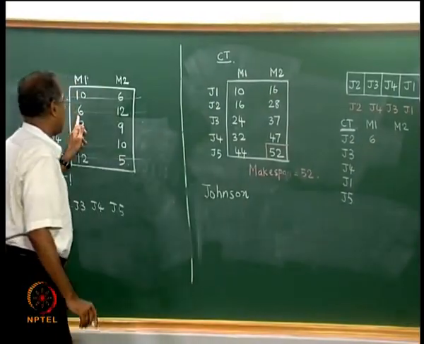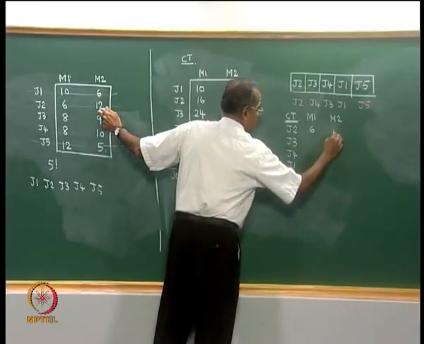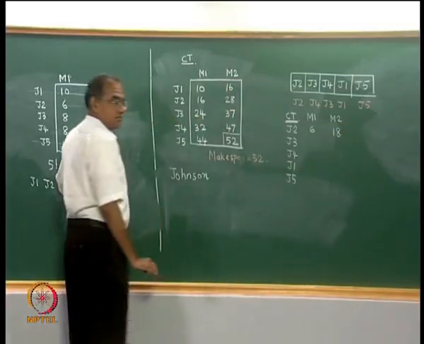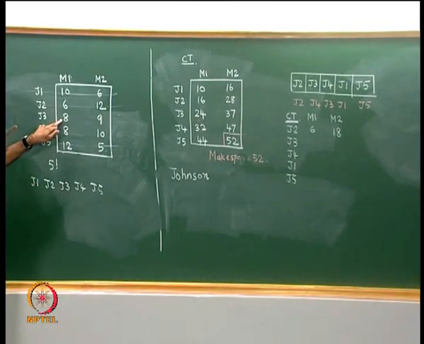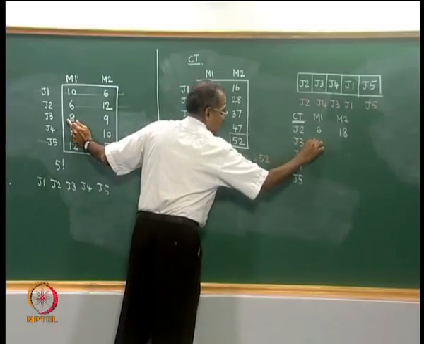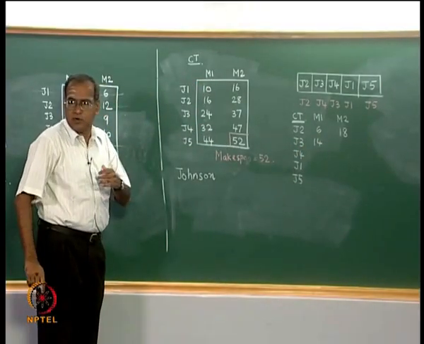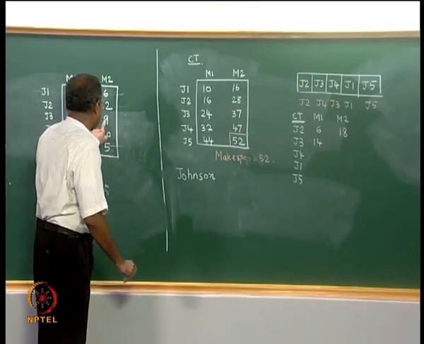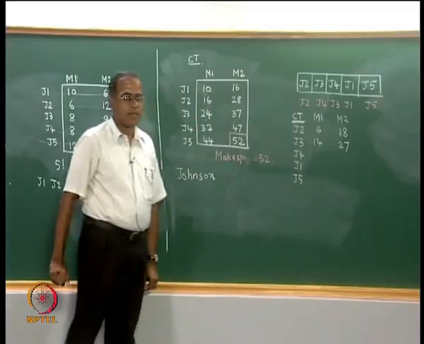Now J2 goes to M2 at 6, takes another 12 units, so finishes at 18. J3 goes next, J3 can start on M1 at 6, needs another 8 units, finishes at 14, but M2 is available only at 18, so it takes another 9, 18 plus 9, 27.